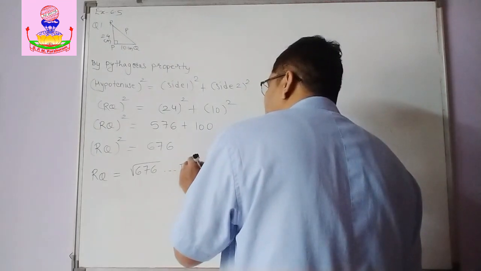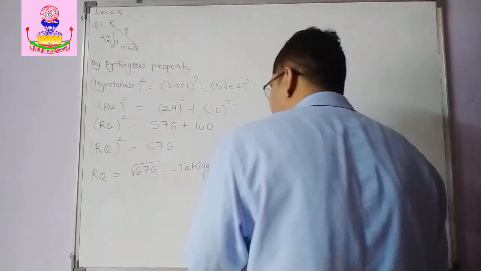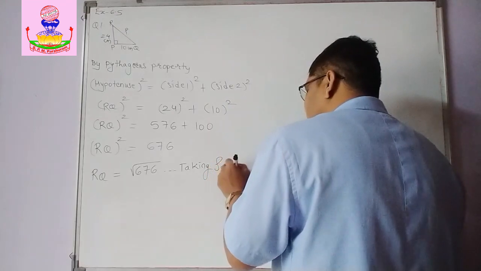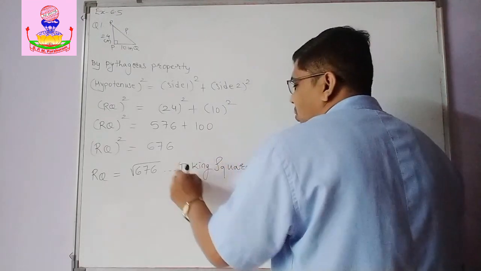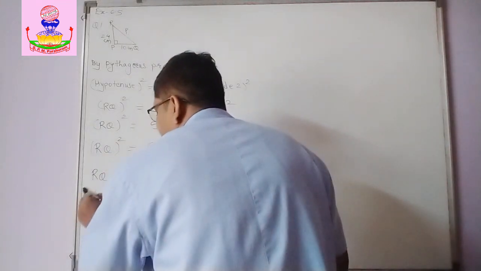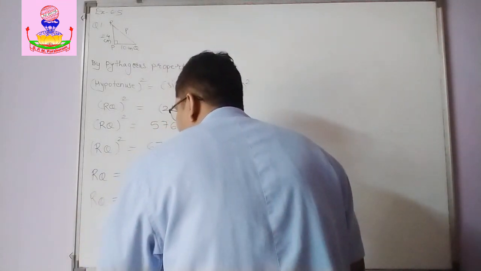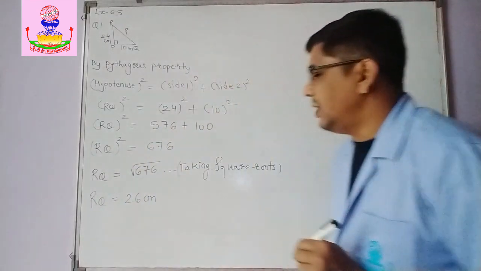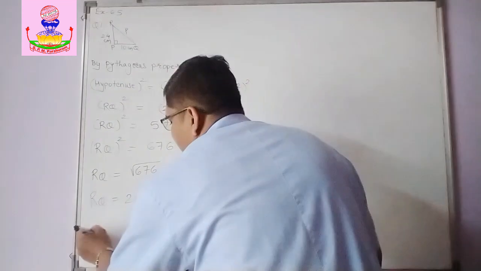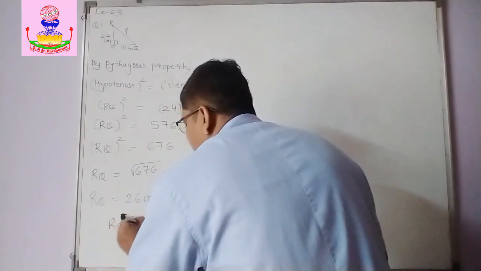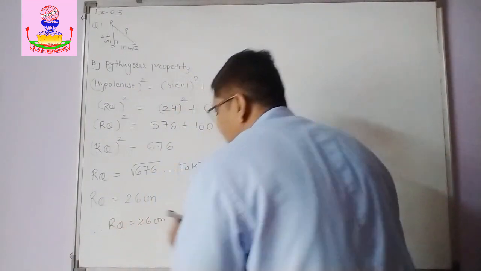The square root of 676 is 26. So the length of RQ is 26 centimeter. Therefore, RQ is equal to 26 centimeter, my final statement.